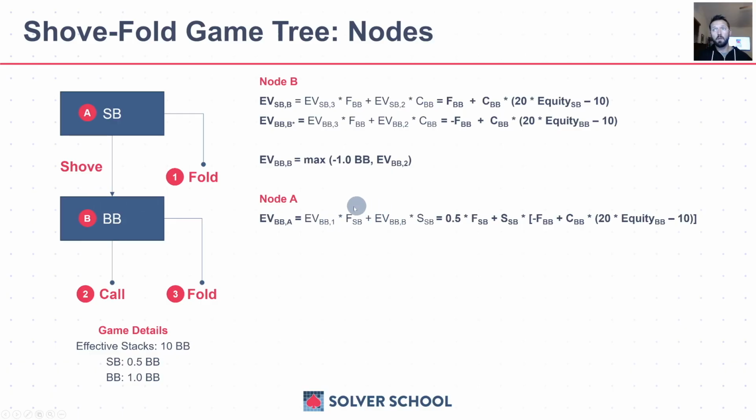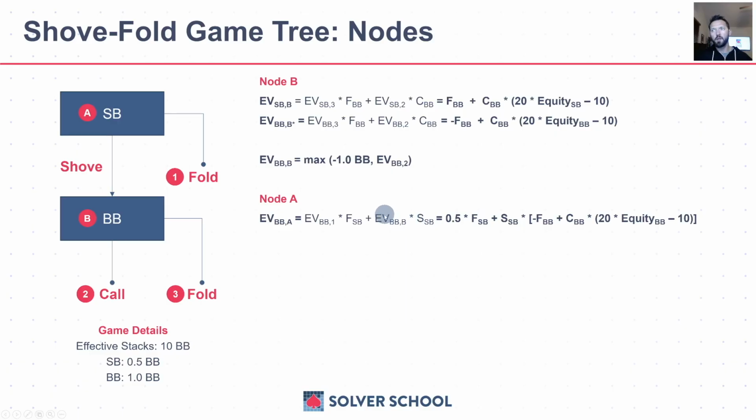Again, we know these EVs already from the previous slides and this previous example here. The EV for the big blind at point A, or point 1 here, is 0.5. So in this case here, the small blind folds, the big blind earns 0.5 big blinds times the frequency at which the small blind folds.